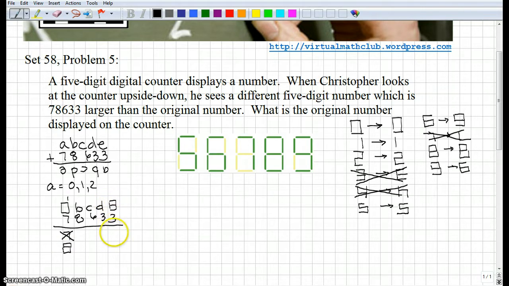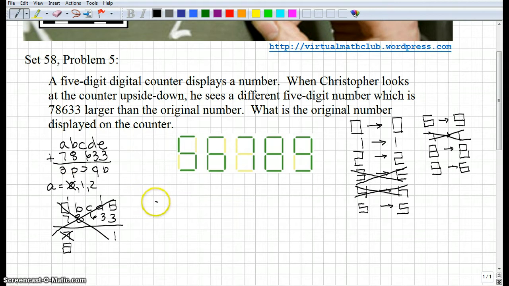And then we'd add that together, we get 1, and we'd have a carry. Okay, but we have a problem, right? Because this A was 0, and 0 upside down does not look like 1. Okay? So this case doesn't work. All right? So A is not 0.